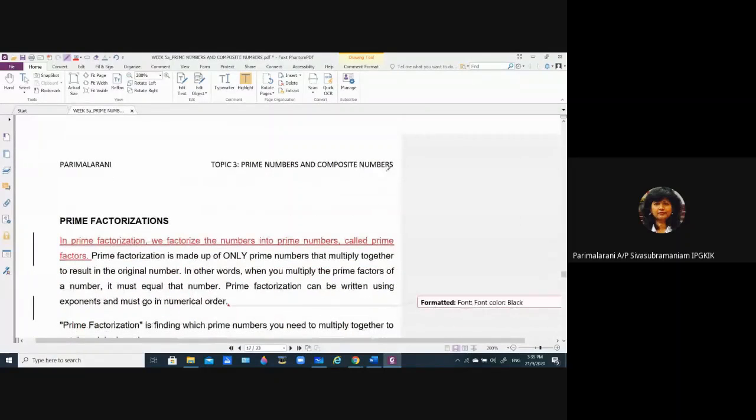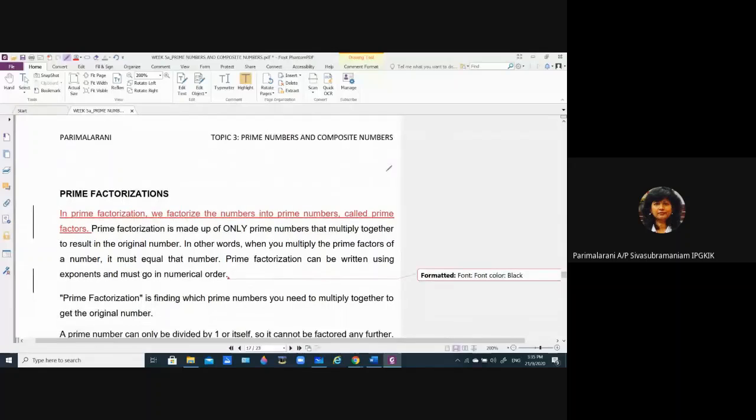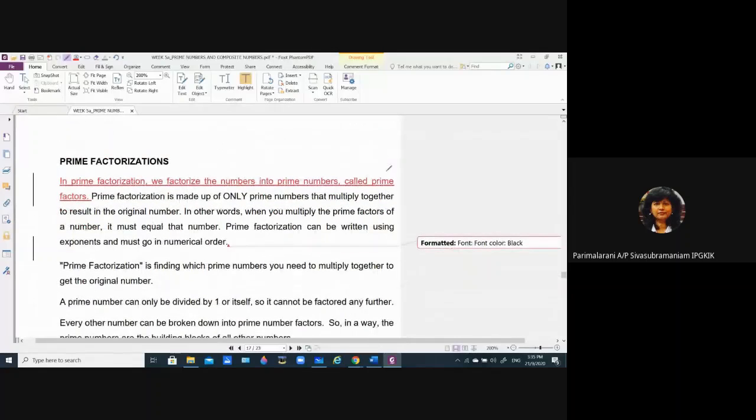Okay, so let's look at prime factorization. What is prime factorization? In prime factorization, we factorize numbers into prime numbers. Any number, if we break it down into prime numbers, we call that prime factorization. Factorization is when you write a number as a multiplication of its factors.